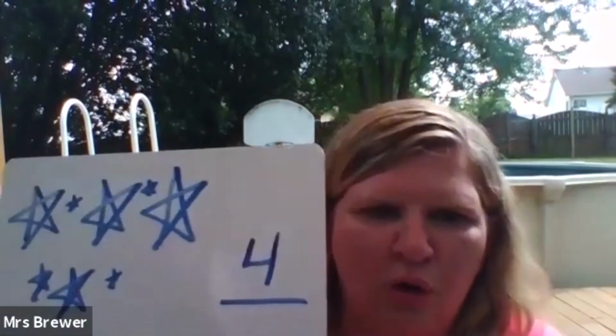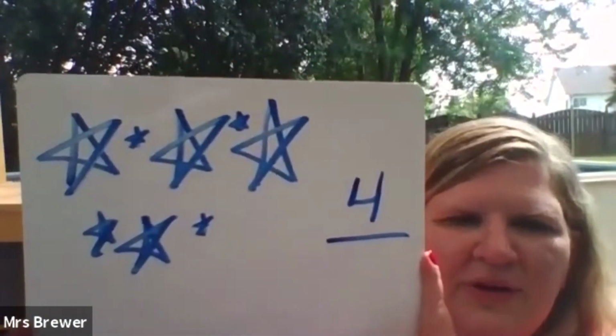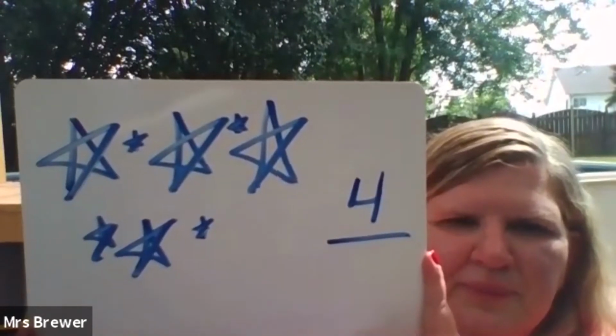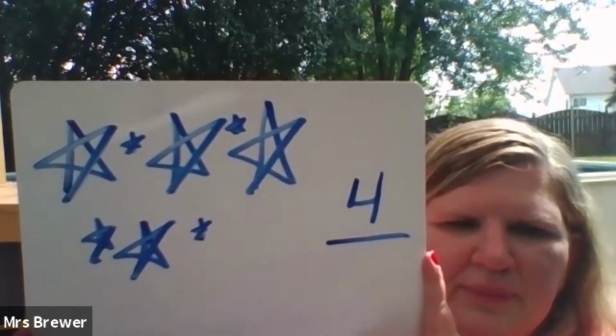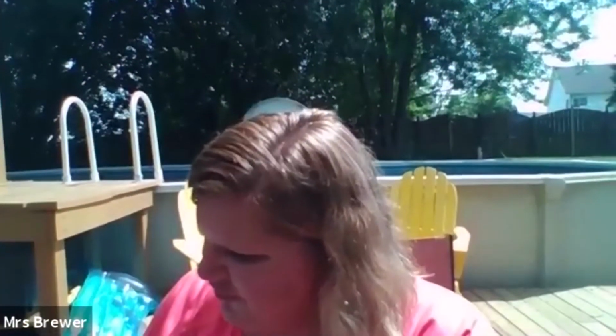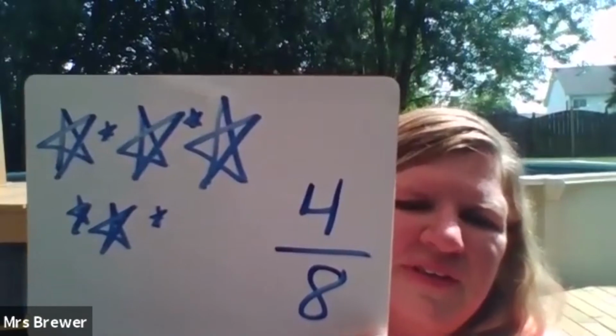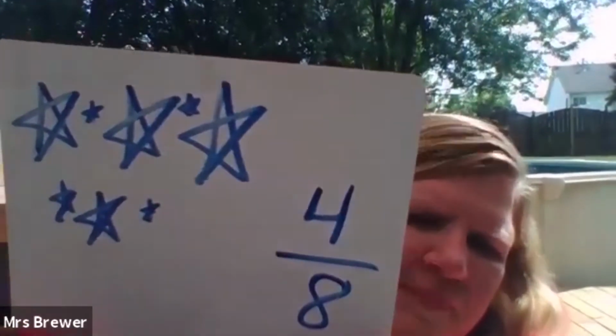So how many stars do I have in all, boys and girls? You're right, there are 8. So what fraction of my set is big stars, boys and girls? You're exactly right. It is 4/8.